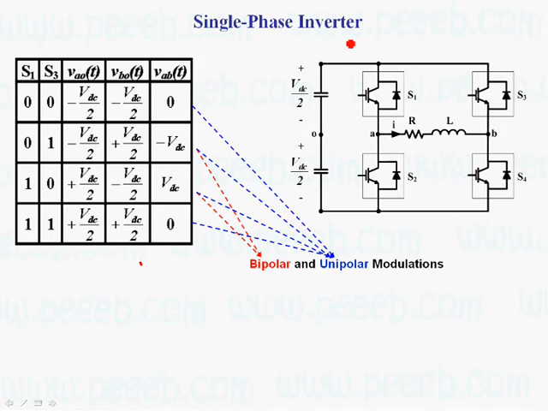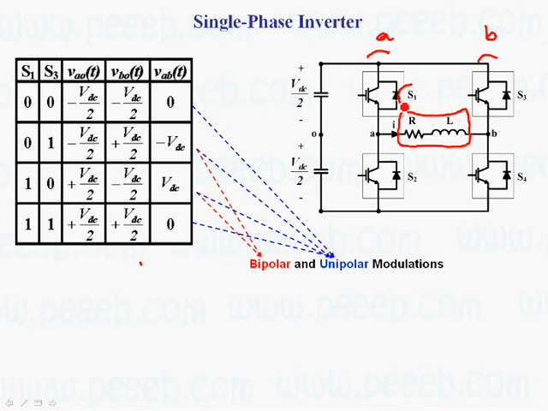In a single phase inverter, we have two legs, leg A and leg B, and this is the load.